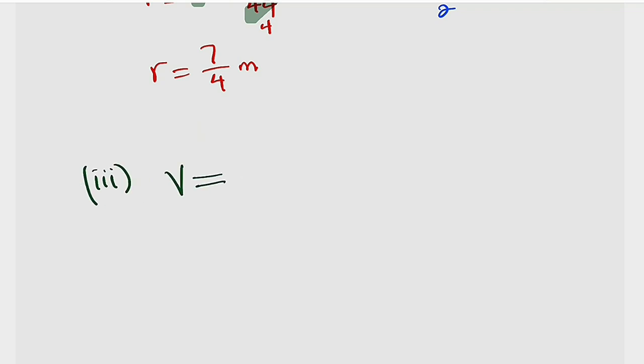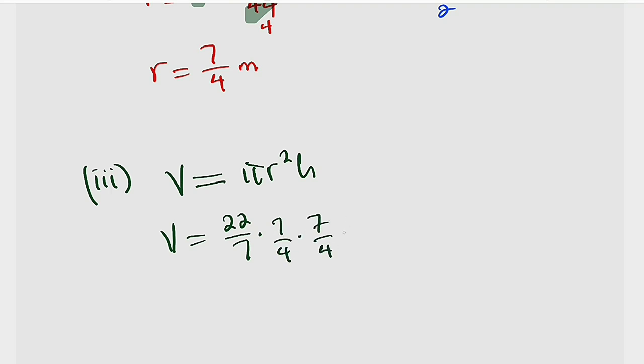And volume is equal to pi r squared h. Remember. So v is equal to pi, which is 22 divided by 7, multiplied by radius squared. Radius is 7 divided by 4. 7 divided by 4 multiplied by 7 divided by 4. That is squared.